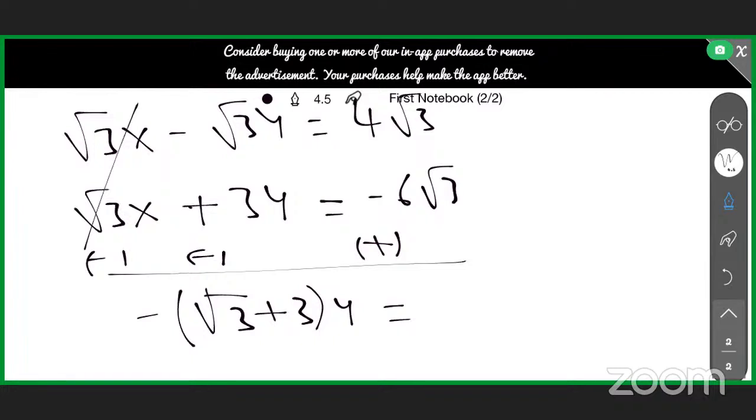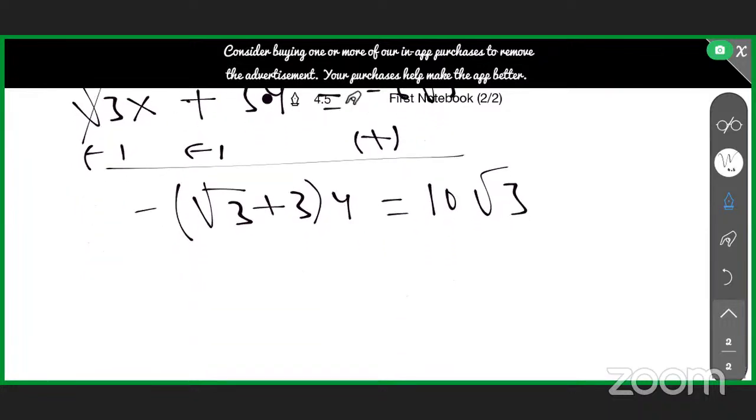The answer will be 4 plus 6, 10 root 3. So I want the value of y. y is equal to 10 root 3 divided by, I'll put this minus on top, root 3 plus 3.